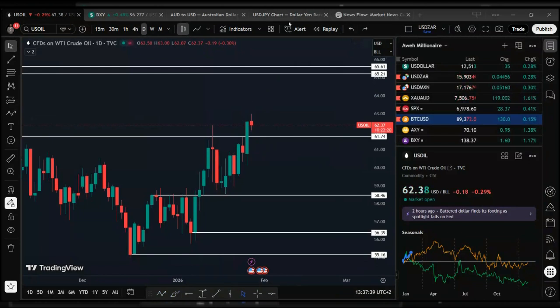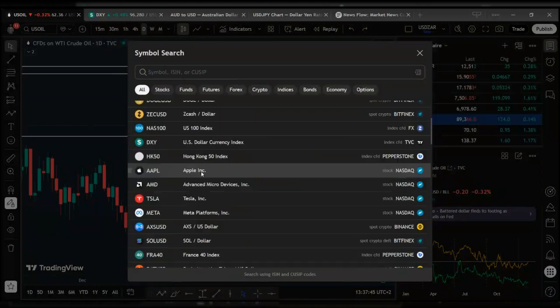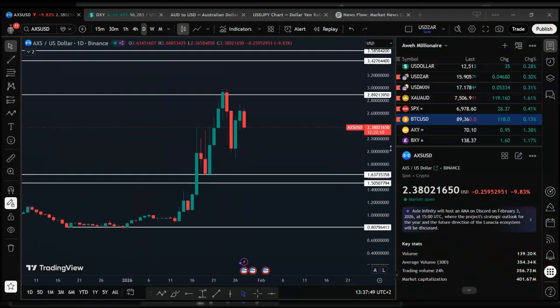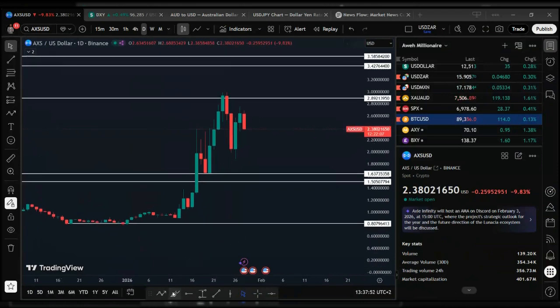Okay, now if we move over to our cryptos, the first cryptocurrency we'll have a look at is Axie Infinity, AXSUSD, which we can see price is still trading below our major resistance level here at the 2.8921 level of resistance.